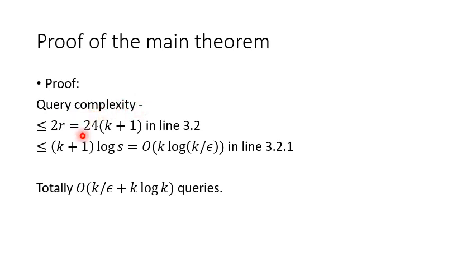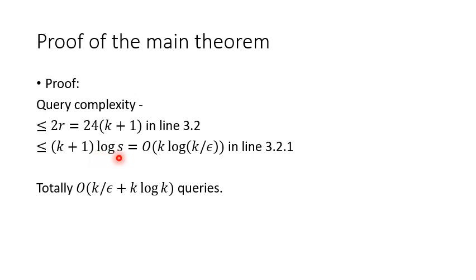On line 3.2.1, we reach it at most k plus 1 times because each time we reach it, that means we found a part containing a relevant coordinate. And once we find k plus 1 parts with relevant coordinates, the algorithm will reject. So that's the maximum number of times we can even reach this line. And each time we reach it, we make log s queries to the function during the binary search in order to find a part containing a relevant coordinate.